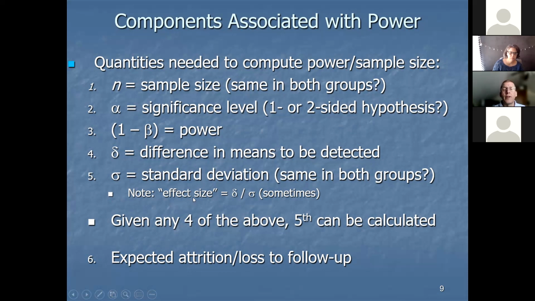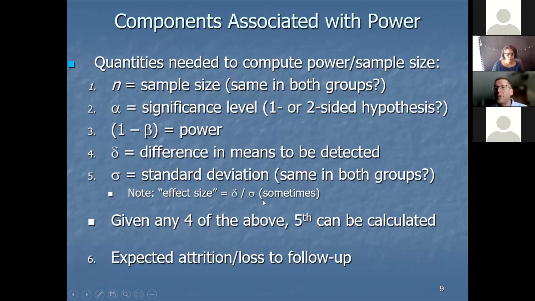Now, I do have a note here that we have to be careful, because we can have two different people talking about effect size, and they're using the same words, but they mean two different things. Sometimes people talk about the effect size and they talk about the difference in means. Other times they talk about effect size and they're actually standardizing the effect size, so that rather than delta alone, they're focused on the ratio of delta to sigma.